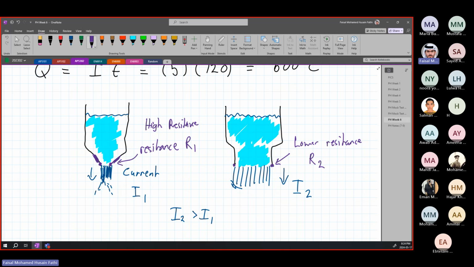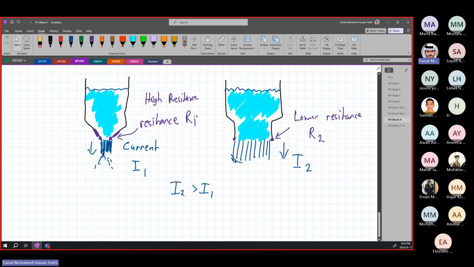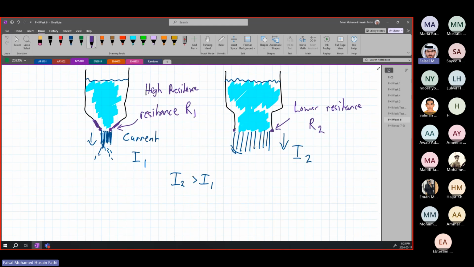Mathematically, R2 is much smaller than R1, because in the first case we have a lot more resistance. The walls of the container are resisting more current. So the resistance is high because the opening is closed, constricted.